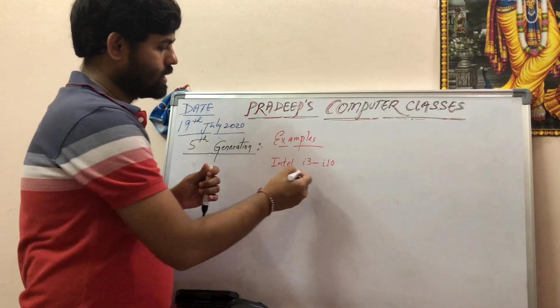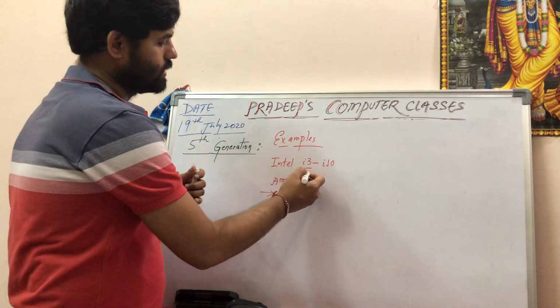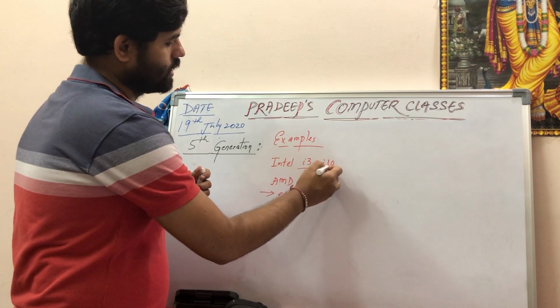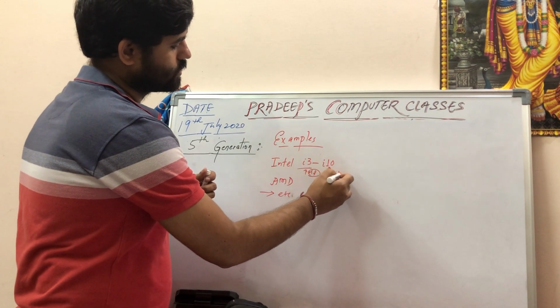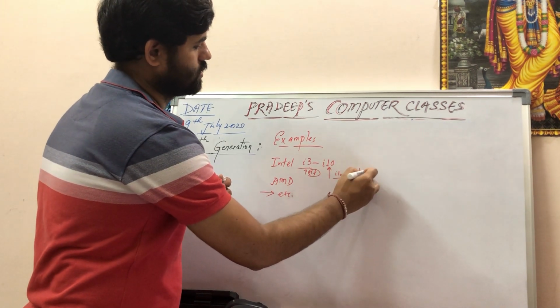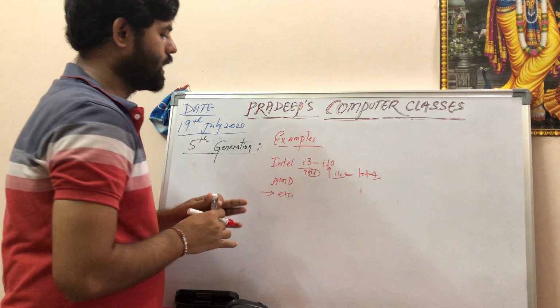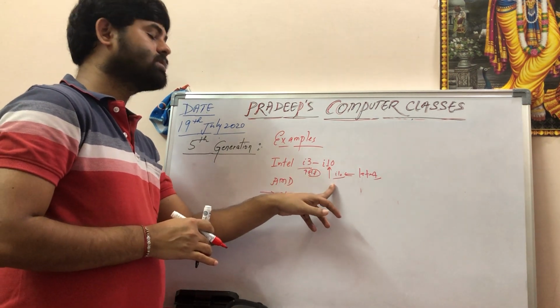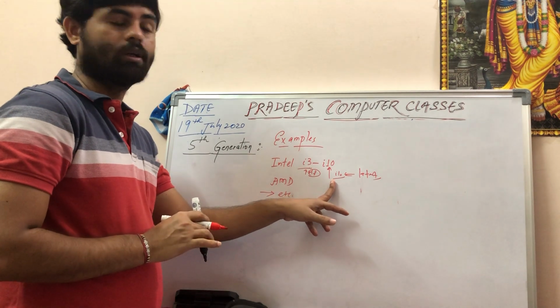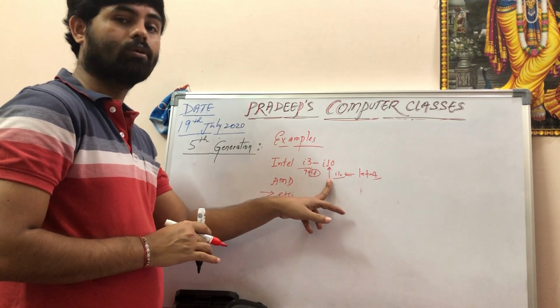So if I say that there is an i3 processor, that means it is a little bit old. But if somebody is buying the i10 processor, that means it is the latest one. If somebody is buying i10, they will get a very high speed computer, and it will be very high cost.